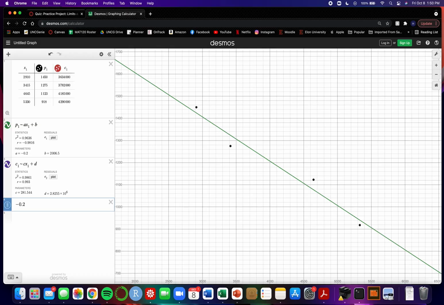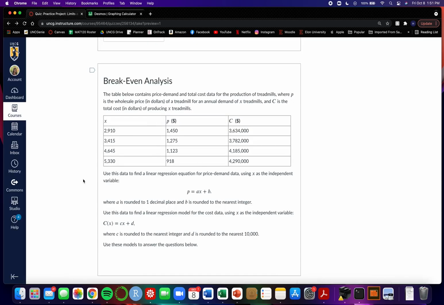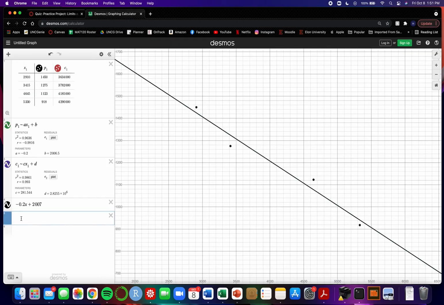Hopefully this looks kind of familiar to you. And then for our second one, I have the nearest integer, I believe. Nearest integer and the nearest tenth for 10,000 for D. So C is 282x, and it's a linear function. And then again, we have this scientific notation, which basically means to multiply it by 10 to the 6, which is 1,000,000.